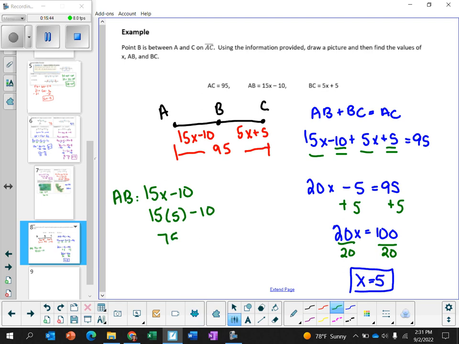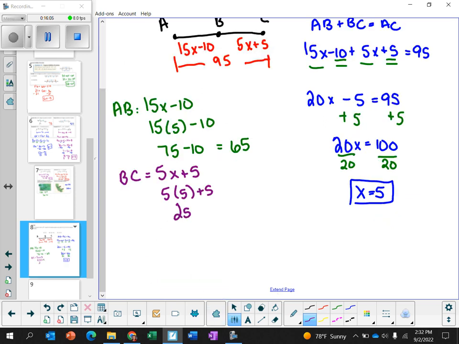So that's 75 - 10, which is 65. And then for BC, it was 5x + 5. So now that's 5 times 5 plus 5, 25 + 5 is 30.